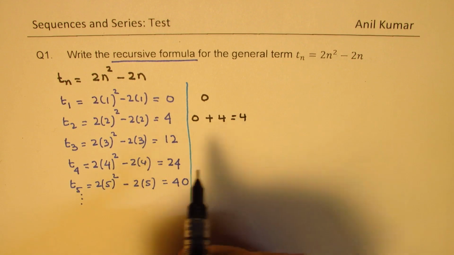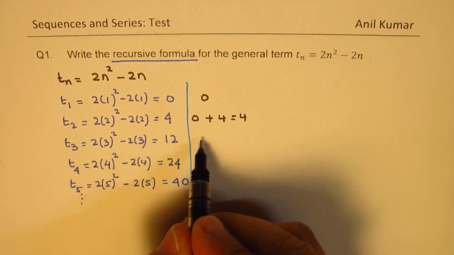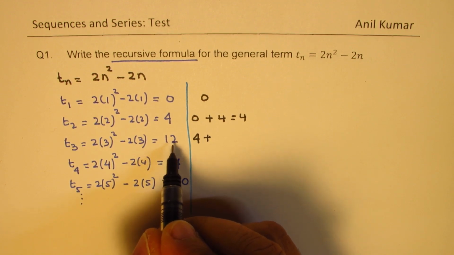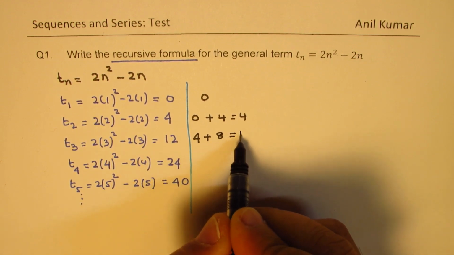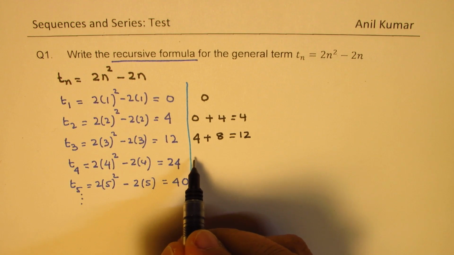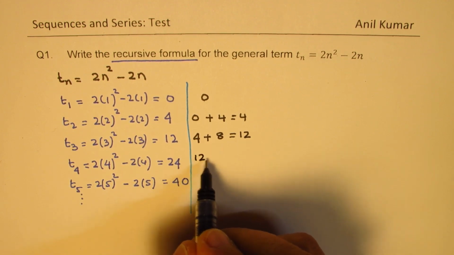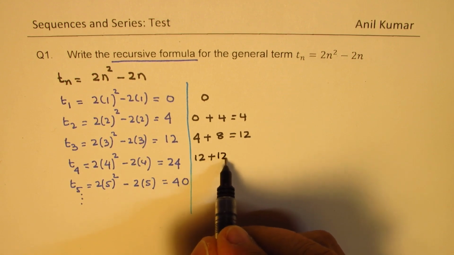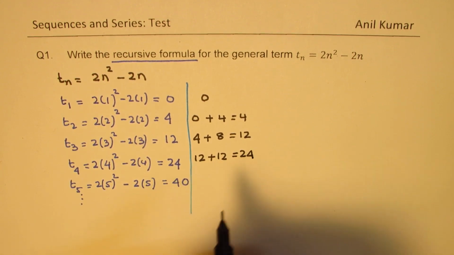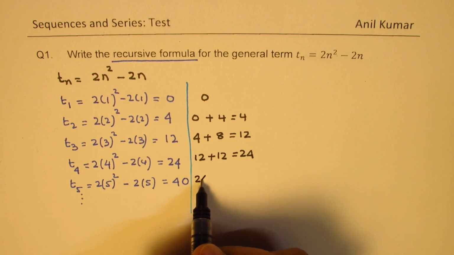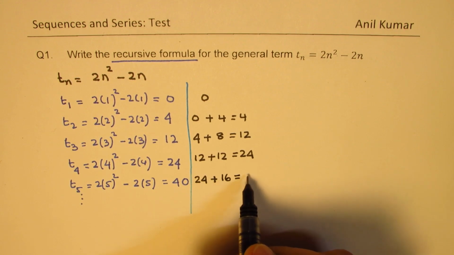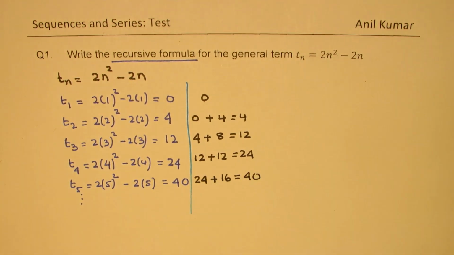Now, to get T3, I have to begin with 4, and what should I add to 4 to get 12? It is 8, right? So that gives us 12. And then here, we'll begin with 12, and what should I add to 12 to get 24? It is 12 indeed, so we get 24. Now, to 24, what should I add to get 40, right? So it is 16, and that is how the process is going on.